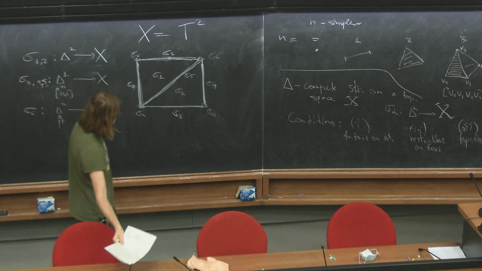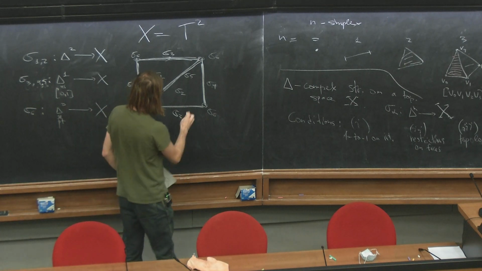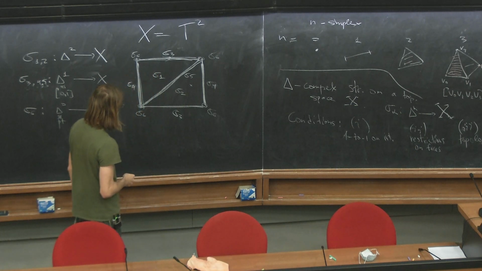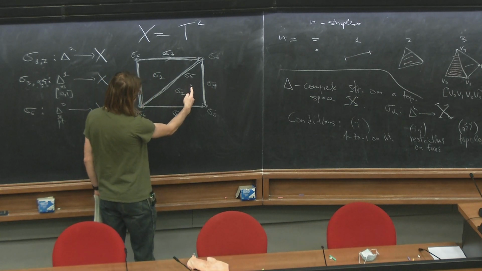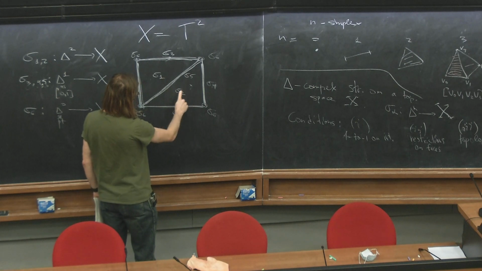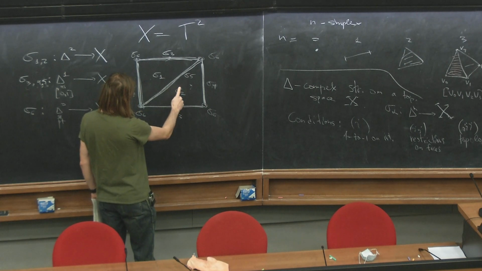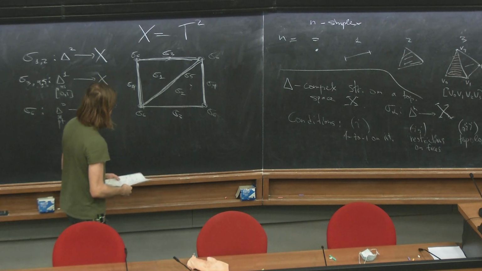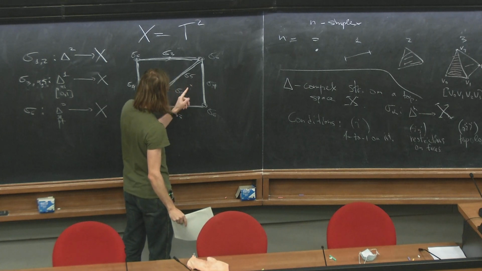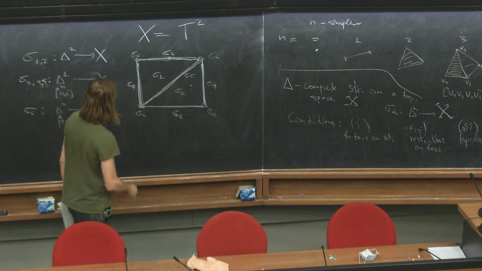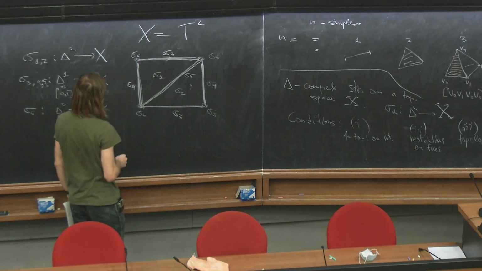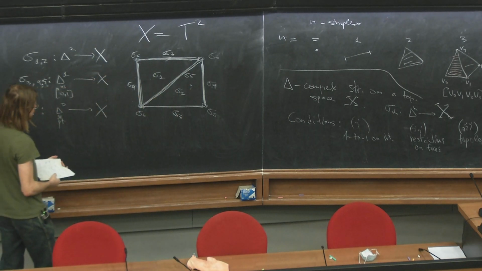So you see, for any point, for example a point inside of this triangle, there is a unique sigma, here sigma 2, so that it's an image of some point in the interior. It indeed satisfies all the conditions. You can also see that each of these maps sigma is one-to-one on interiors.